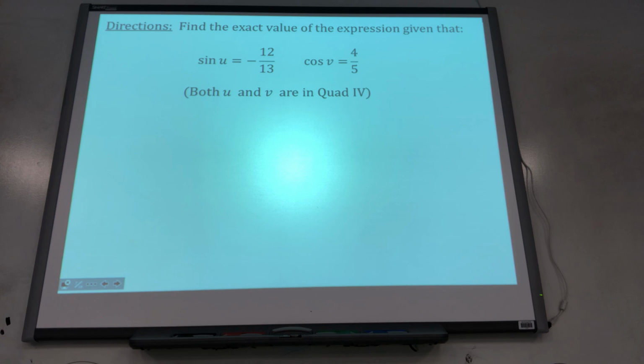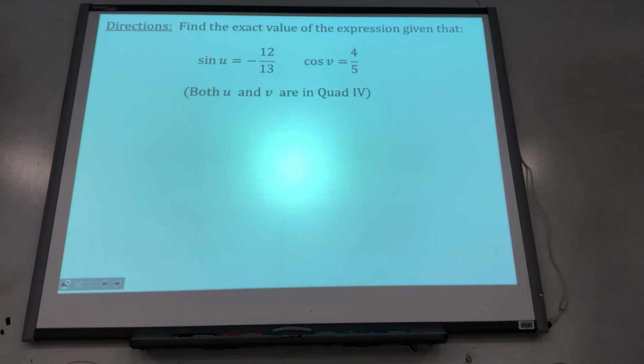It says find the exact value of the expression given that sine of u is negative 12/13, cosine of v is 4/5.